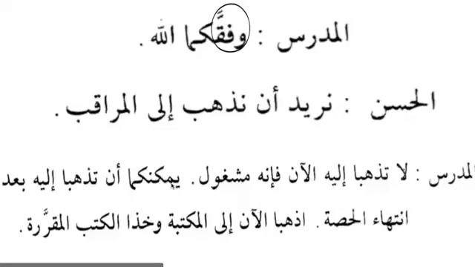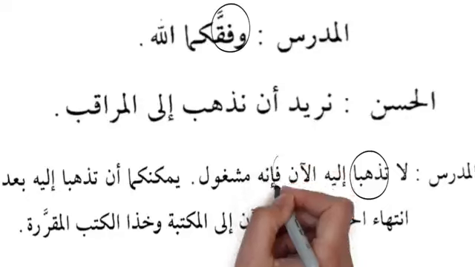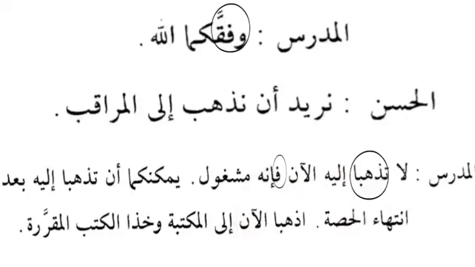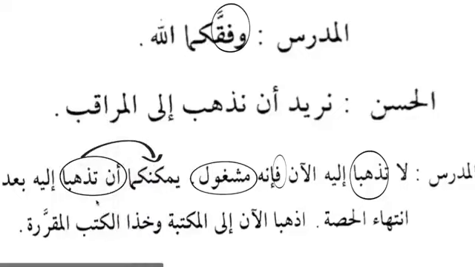Yumkinukuma. See, yumkinu, amkana, yumkinu. We know amkana, yumkinu will have al masdar. So that's just giving you the fa there. That's the khabar. And antadhaba comes as a fa'il for amkana, yumkinu. So it's connected to yumkinu. So it is possible for you to go.